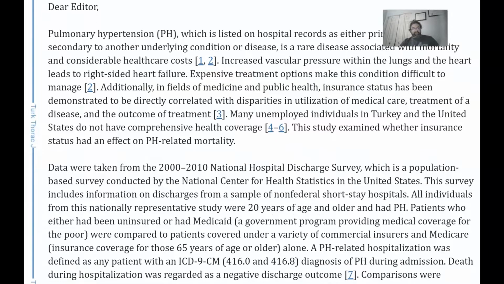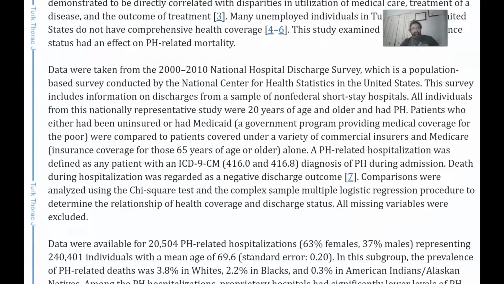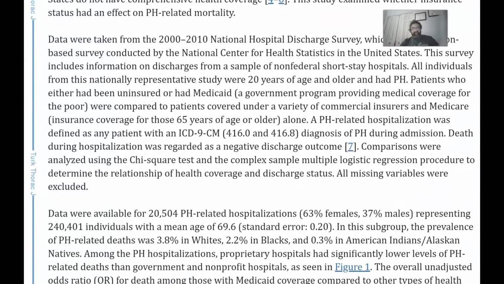For pulmonary hypertension, it was noted that comparisons were analyzed using chi-squared, and a complex samples multiple regression procedure was employed to determine the relationship with healthcare and discharge status.